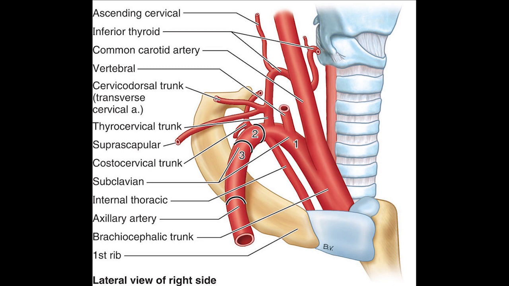Then the third one, the internal thoracic artery. It's from the lower surface of the subclavian artery and runs over the lung apex. It's usually crossed anteriorly by the phrenic nerve.